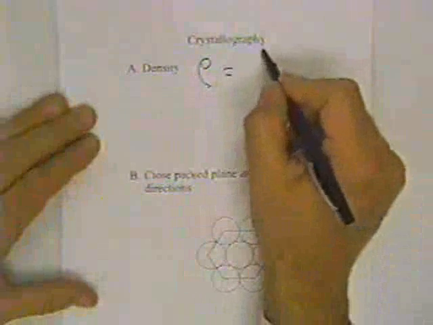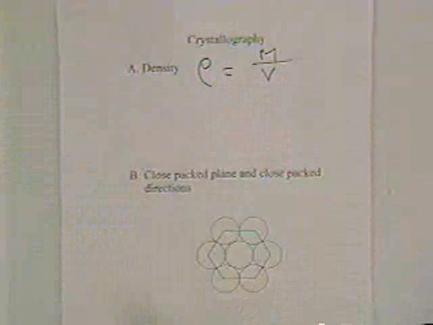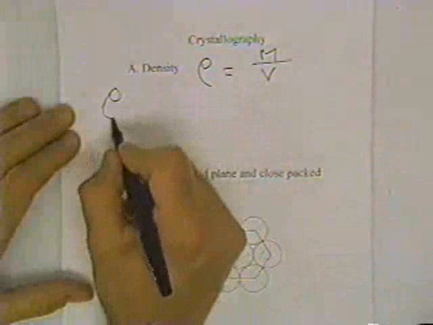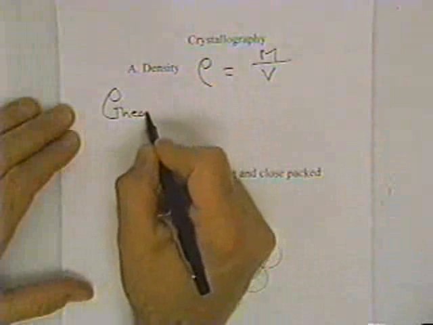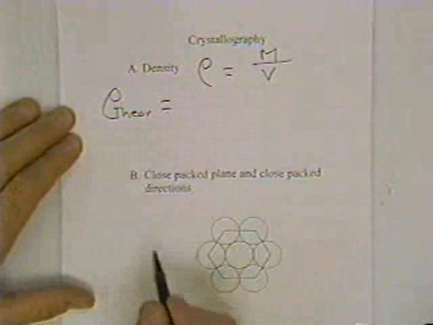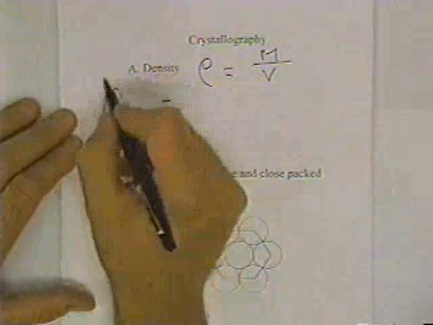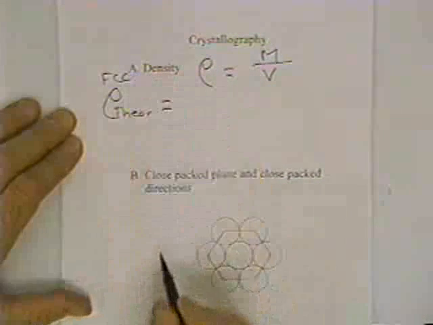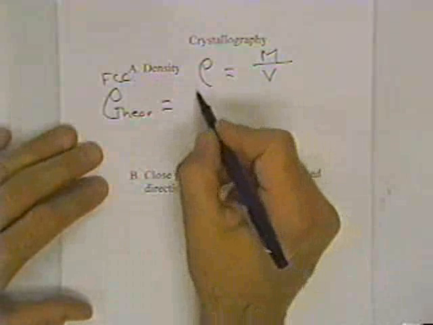Now we can actually calculate the density, using the unit cell and the atomic structure, we can calculate what the bulk density would be, and this is called the theoretical density. Density, rho, is equal to mass divided by the unit volume, and we'll call this theoretical density here. And let's do this for a face-centered cubic material. So that's going to be equal to what?